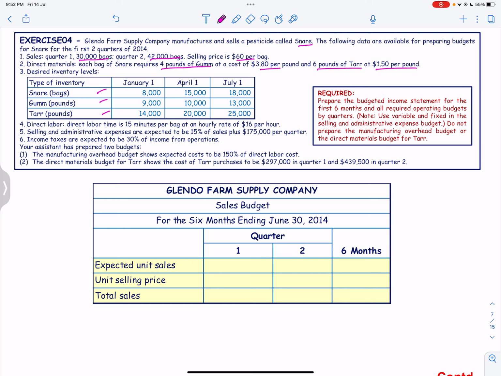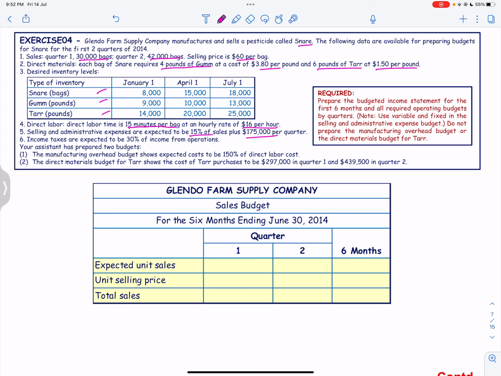we have direct labor, and direct labor time is 15 minutes per bag, I will talk about it in a minute, at an hourly rate of 16 per hour. Selling and administrative expenses are expected to be 15% of sales plus 175 per quarter.